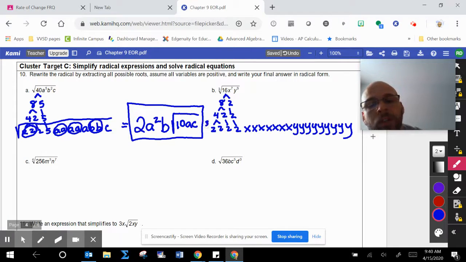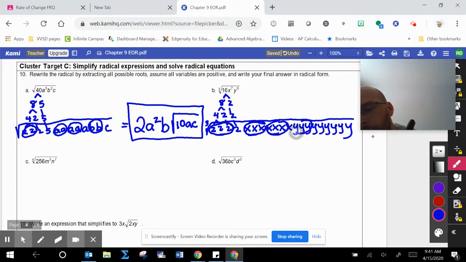Now, if I take the cube root of this, okay, I want to circle not groups of 2, but groups of 3. Okay, so what I'm going to do is circle. I have a group of 3 2's. I have a group of 3 x's. I have another group of 3 x's.